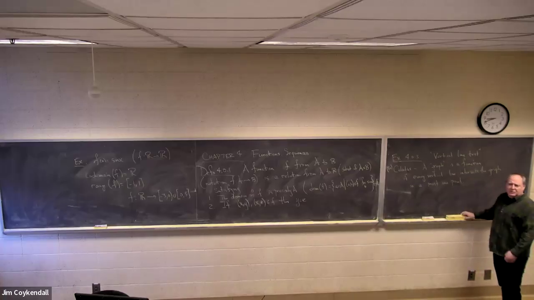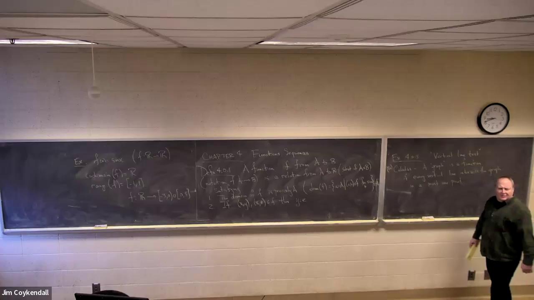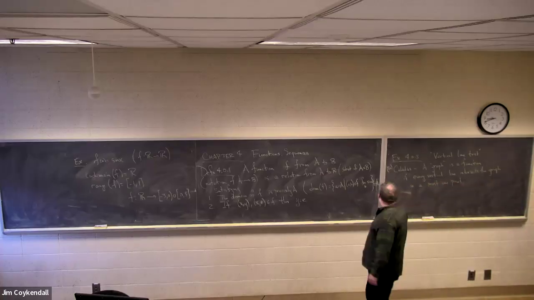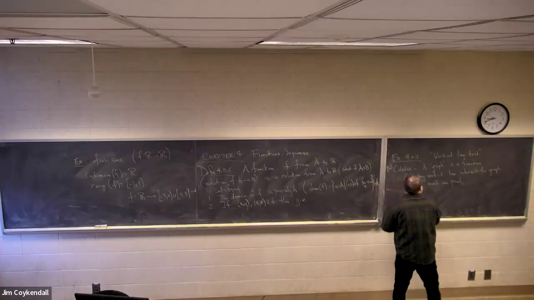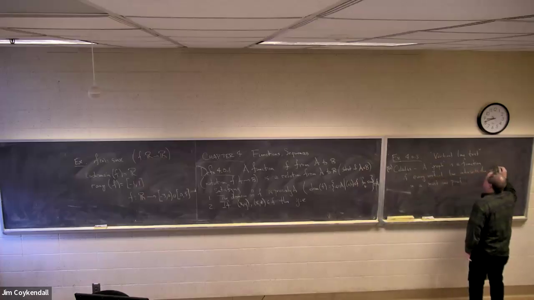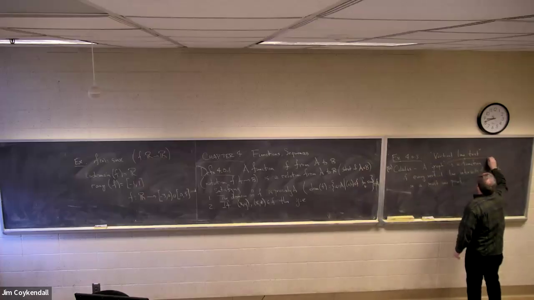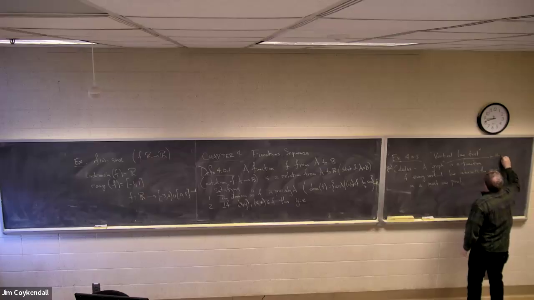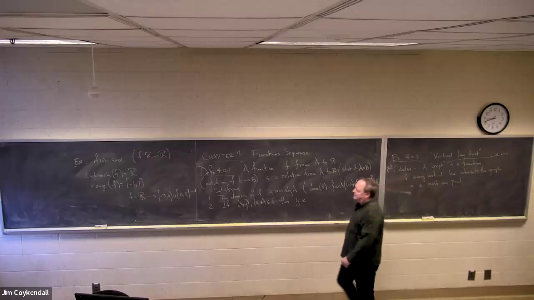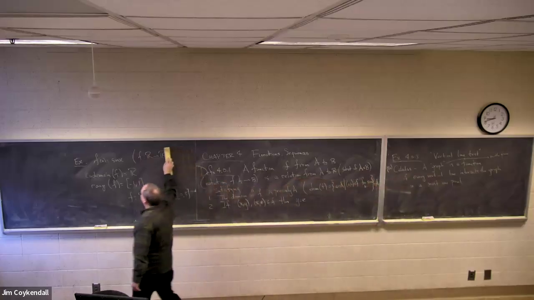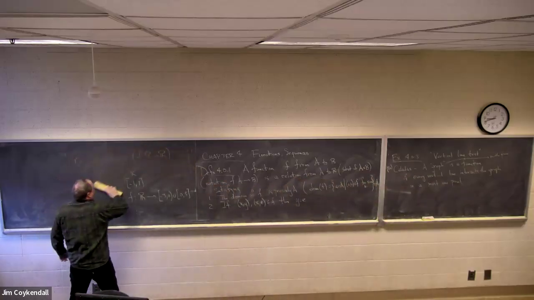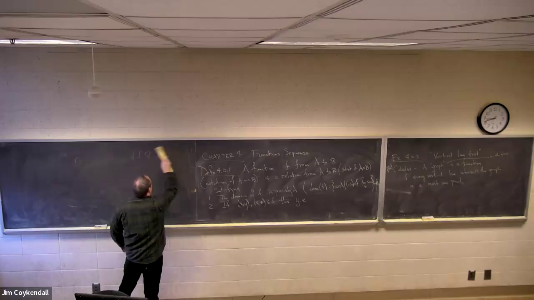So you draw something and it's a function if every vertical line does that. We'll say a graph in the plane. How does this work?